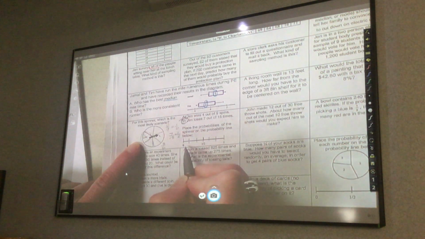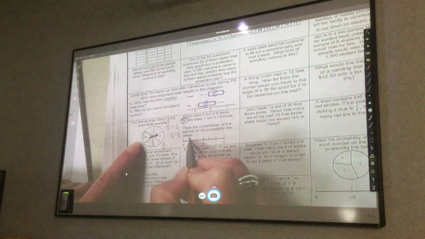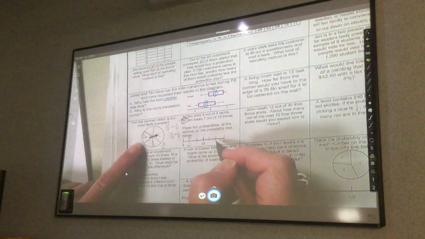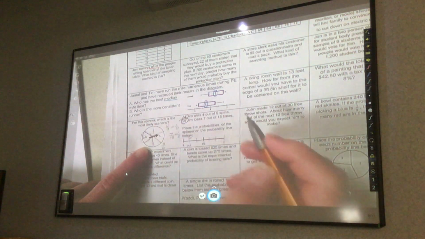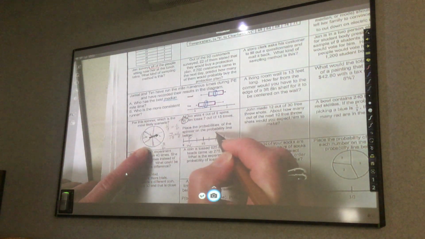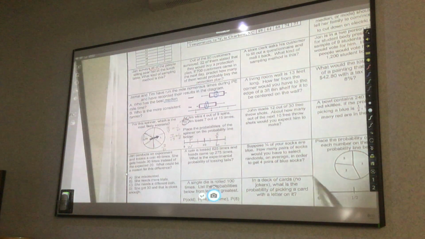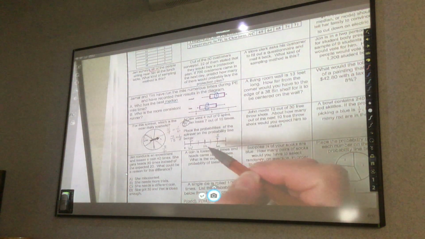So my wins would be here at 1/6, and my losses would be at what fraction? Well, what's the other fraction? 5/6 would be my losses. You want to make sure you split that into the fraction.